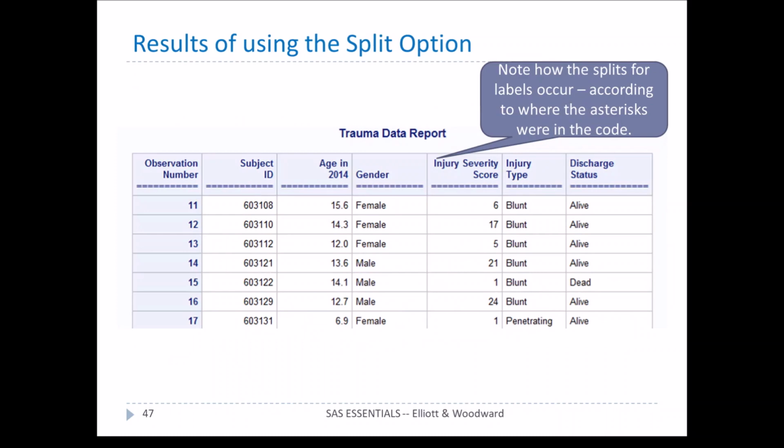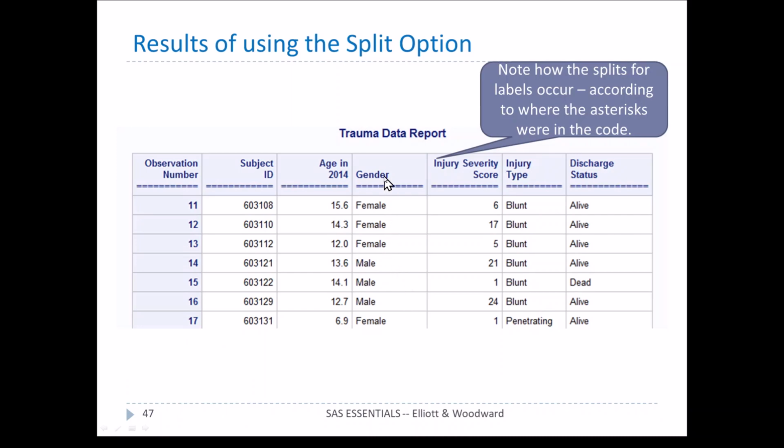So here's the resulting output, and we can see again that the columns are much nicer looking than what SAS would have used by default. I want to mention one thing here that you may not have noticed before: if SAS sees that it's a number, it's going to right justify both the label and the information.